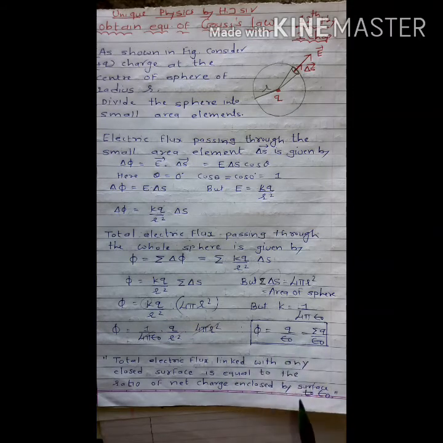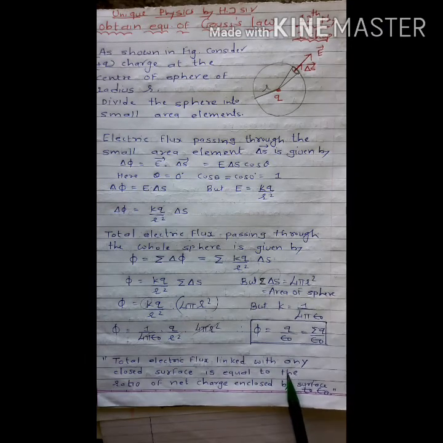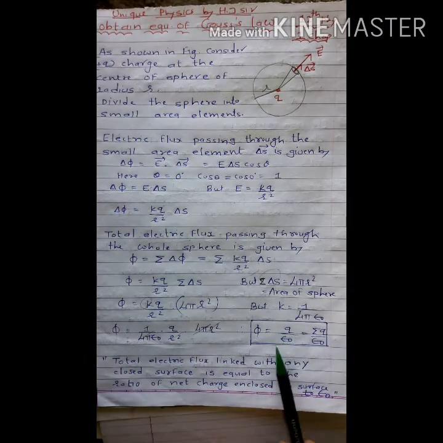Total electric flux linked with any closed surface, phi, is equal to the ratio of the net charge enclosed by the surface, that is sigma q, to epsilon 0.